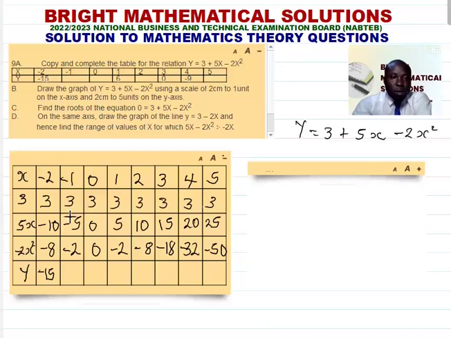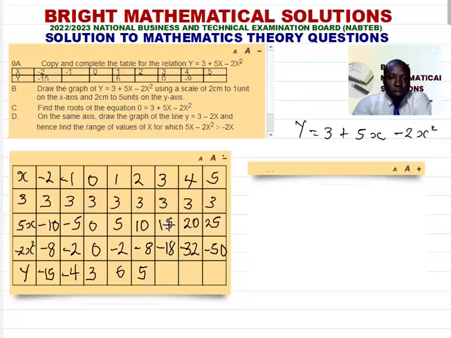Now 3 minus 5 minus 2 gives us minus 4. 3 plus 0 plus 0 gives us 3. 3 plus 5 minus 2: 3 plus 5 is 8, 8 minus 2 gives us 6. 3 plus 10 is 13. 13 minus 8 gives us 5.